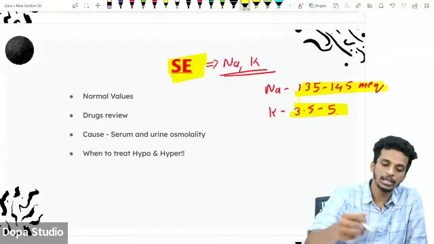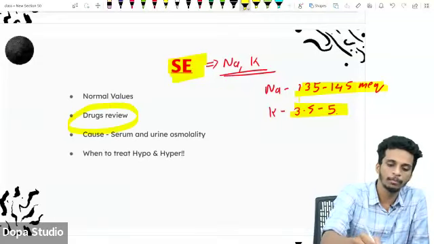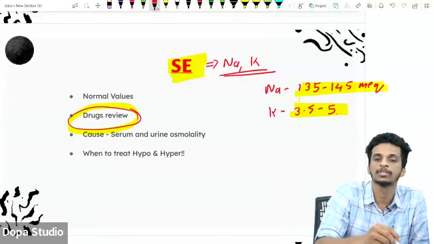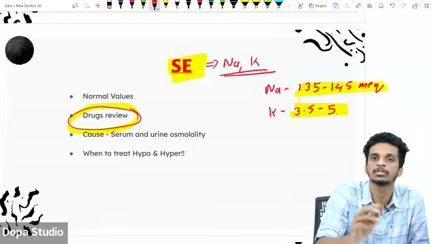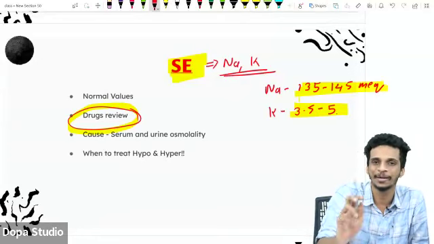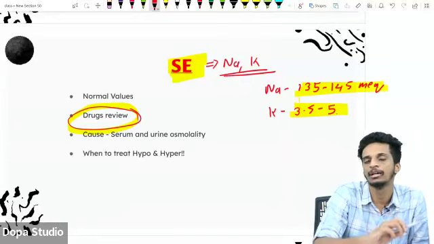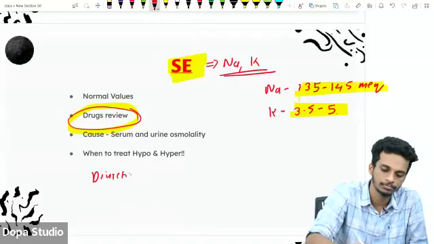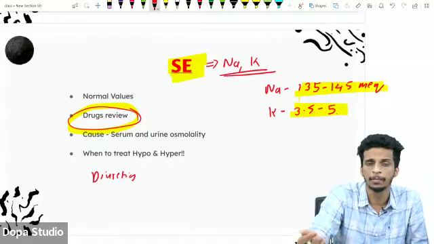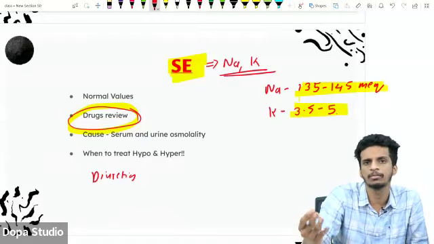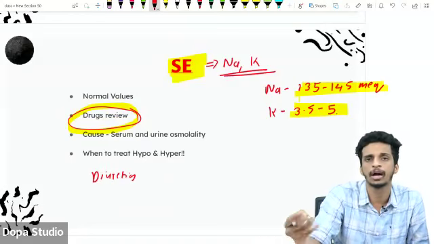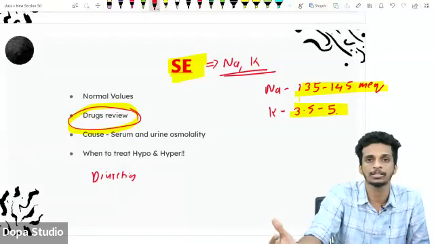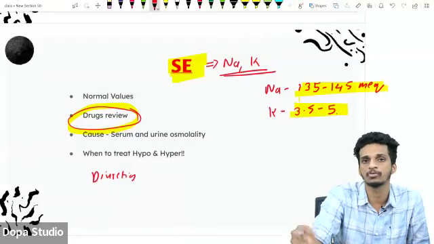Whenever I see an abnormal sodium or potassium value, the important thing I'm going to do is review the drugs of the patient. That means which drugs the patient is on, because the most common cause of hyperkalemia or hyponatremia is the drugs they are taking. For example, if the patient is using diuretics, maybe loop diuretics for cardiac disease or renal disease, or thiazide diuretics, which are one of the treatments of choice for hypertension.